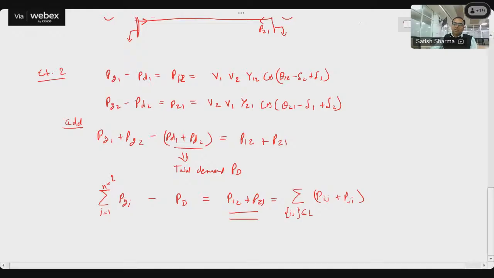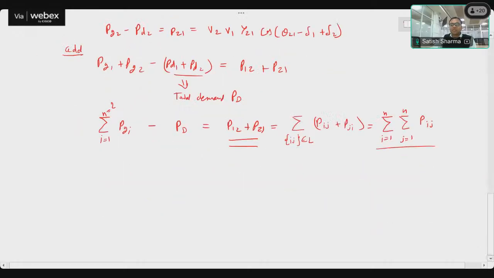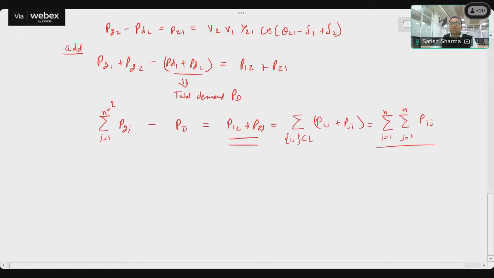Okay. Another way I can write it down is like this: the summation over i equals 1 to n, and then j equals 1 to n of Pij. So if you look at this particular part only, let's say when the term becomes negative, what does that signify? We will see whether it will become negative or not.